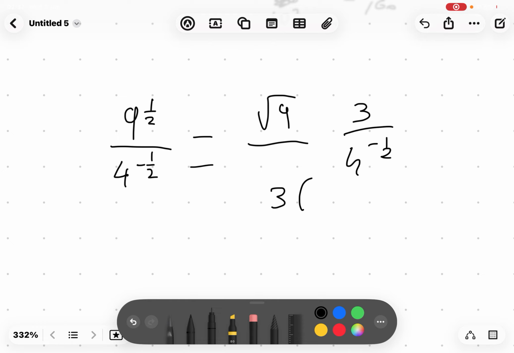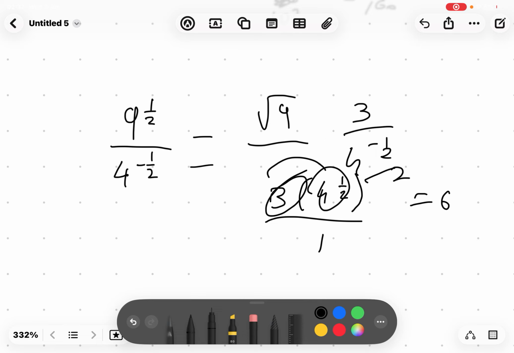So it's going to be like this over 1, and then this times this. And since this is square root of 4, it's 2, so 3 times 2 equals 6. Because this is equal to 2, and these equal 6. And that's all of it.